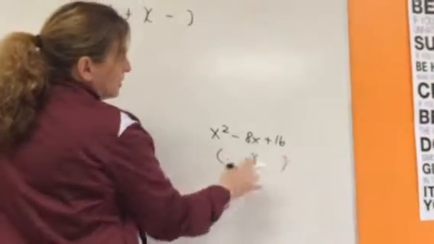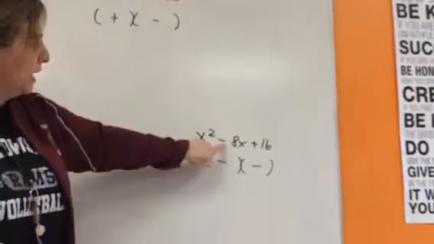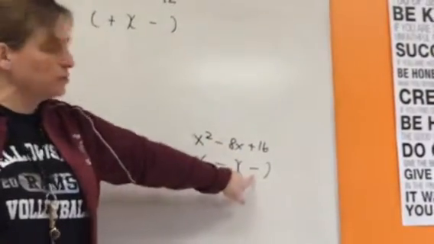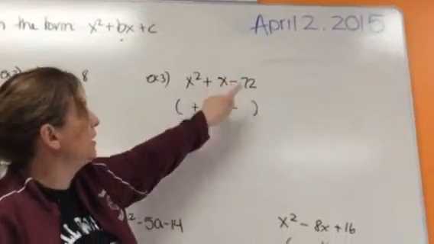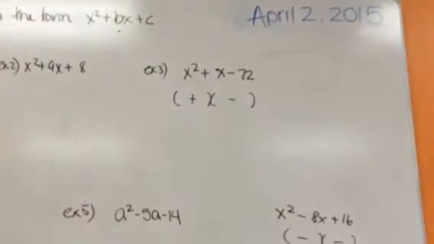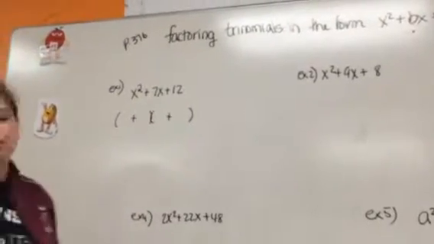If that was the case, there would be two negatives inside. So when you see a negative first and then a positive, it's going to be two negatives. If you see a negative at the end, it's going to be a negative and a positive. And if you see two positives, it's going to be two positives. Trying not to confuse you, but okay, here we go.